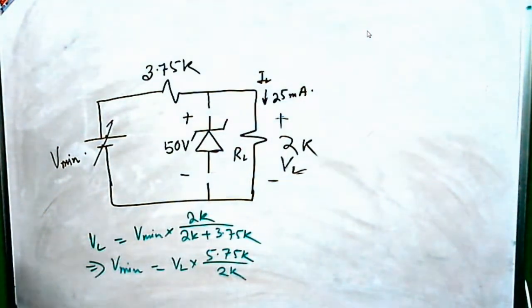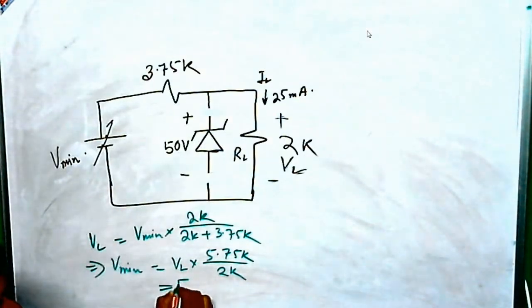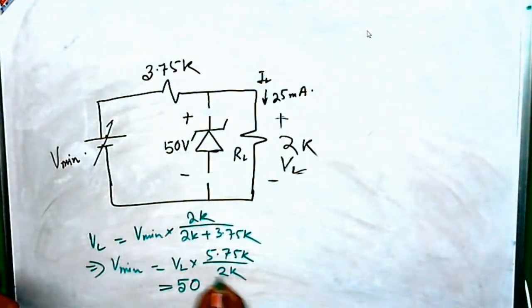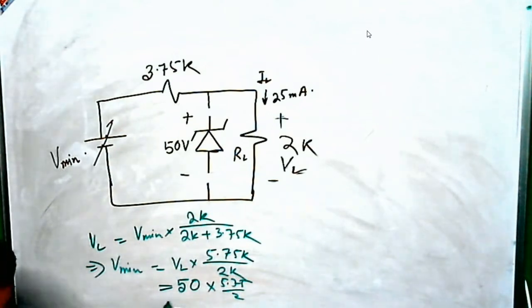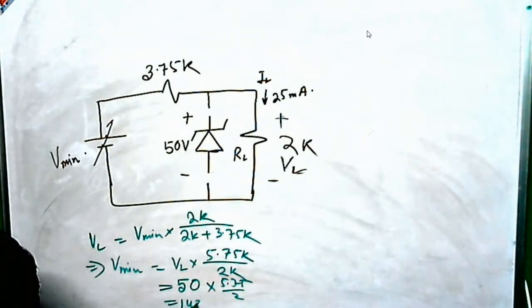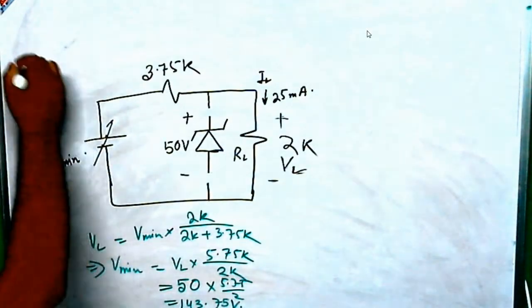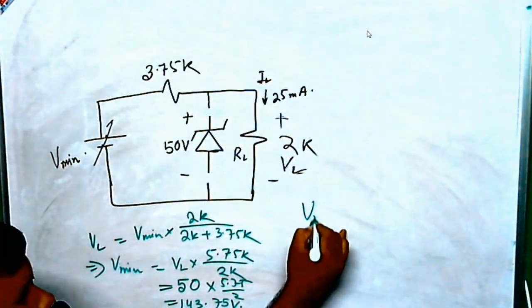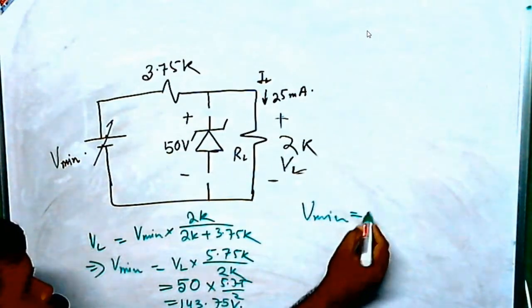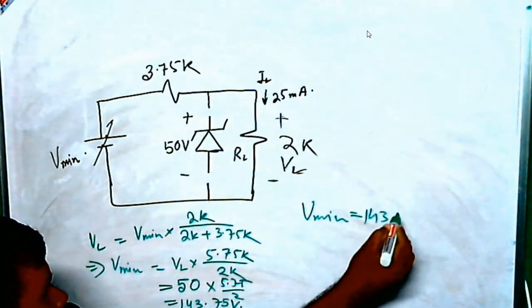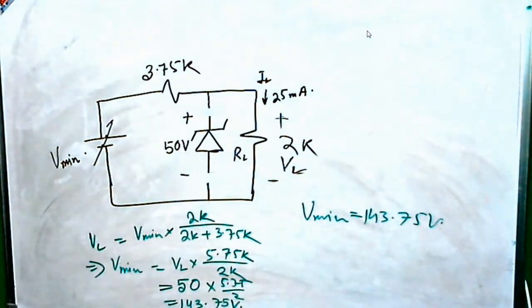And the VL is basically 50 volt, into 5.75 divided by 2, and it comes out 143.75 volt. So V minimum is 143.75 volt.